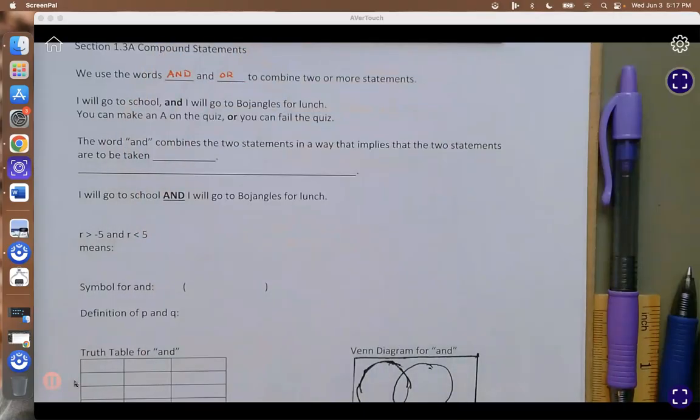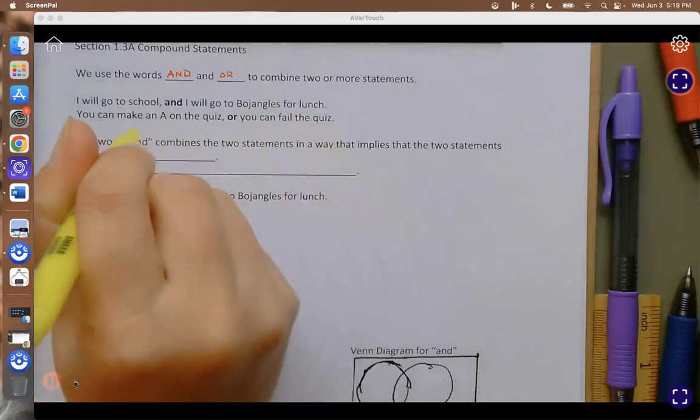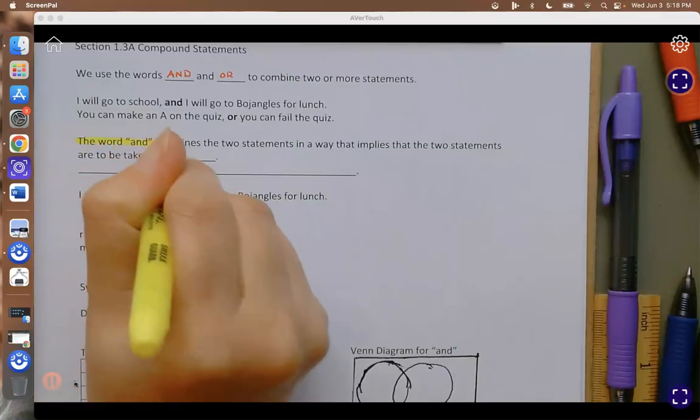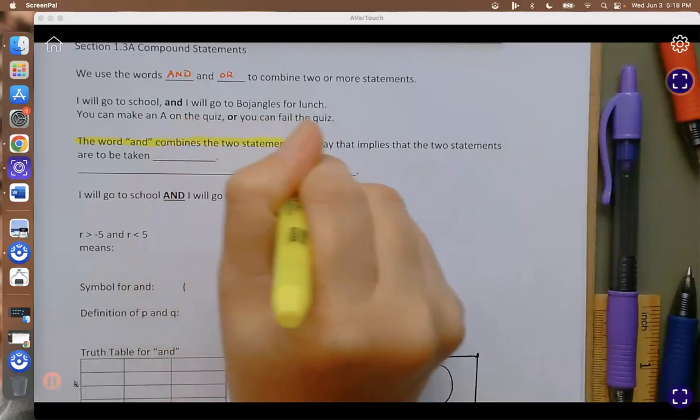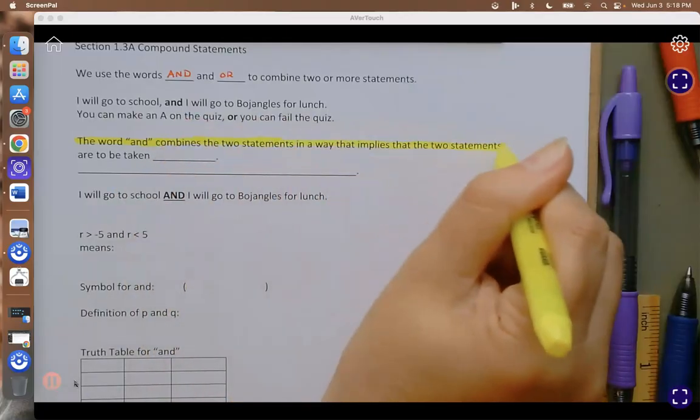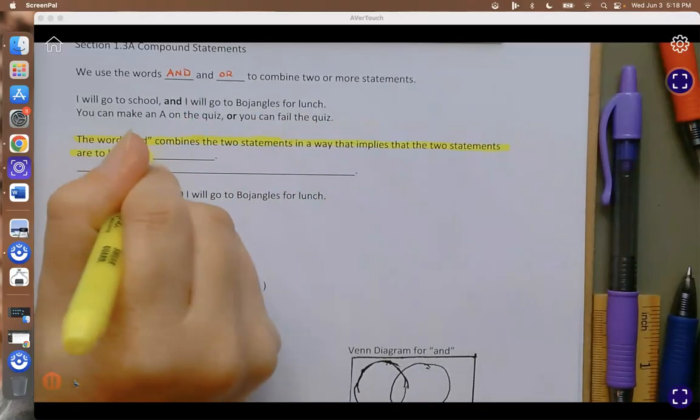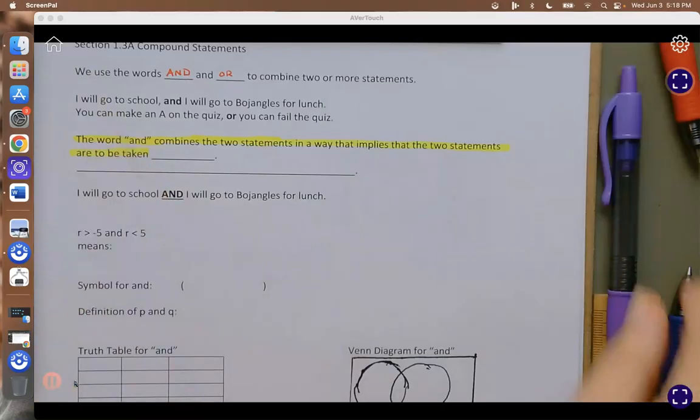I will go to school and I will go to Bojangles for lunch. You can make an A on the quiz or you can fail the quiz. Those are both compound sentences. The word and combines two statements in a way that implies that the two statements are to be taken jointly.